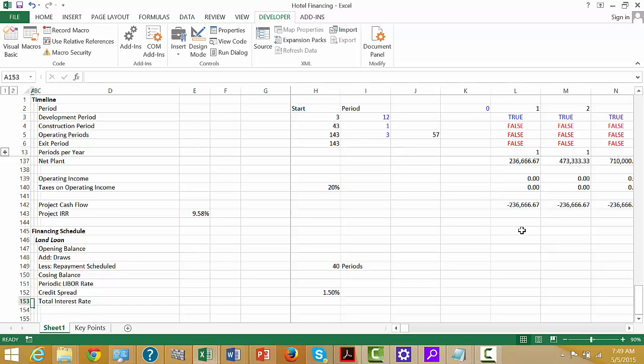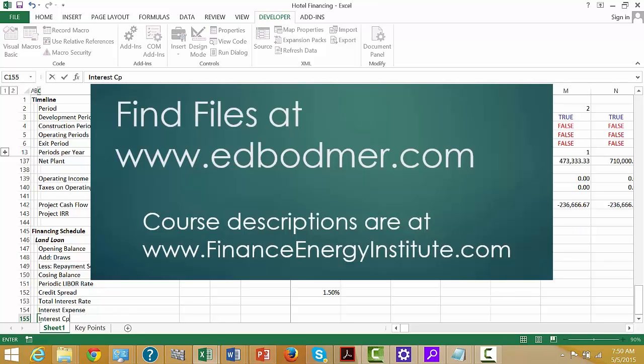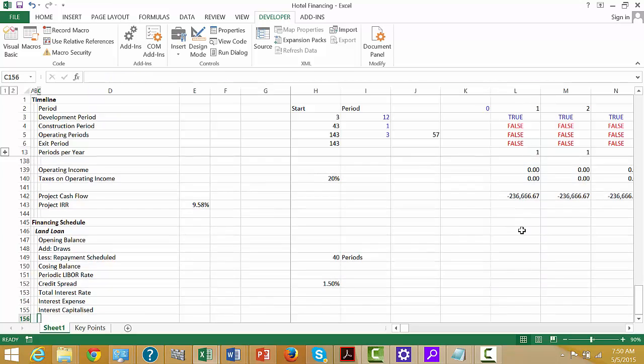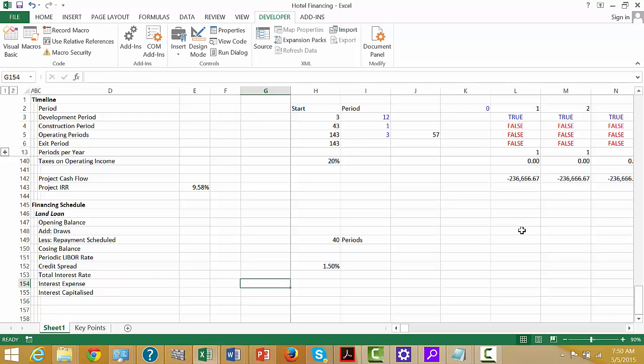Perhaps make an IRR on the loan, and then we can get the interest expense. We can also get interest capitalized, because we might have interest during the construction period.